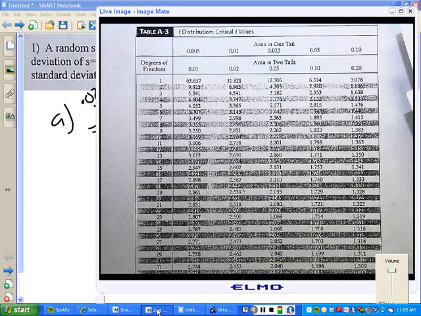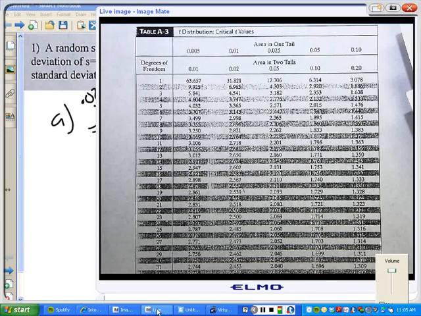So, going down to 30, and again, we're going to be looking at 0.025 in one tail. I generally don't look at two tails. If you just ignore that, you'll be in much better shape. Looking at 0.025 in one tail, coming down to 30, we're going to be right here, and that is 2.042. Any questions on how we got to 2.042?